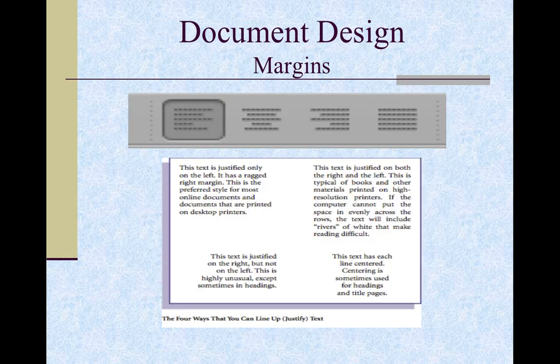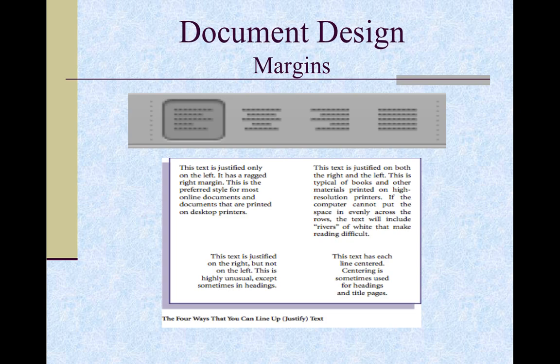Here are some examples of margins. Okay, and this comes from Microsoft Word. There are 4 ways you can line up text or justify text. The first example is where your text is left justified with a ragged right edge. Below that, we have, well, let's not do below, let's do to the right.